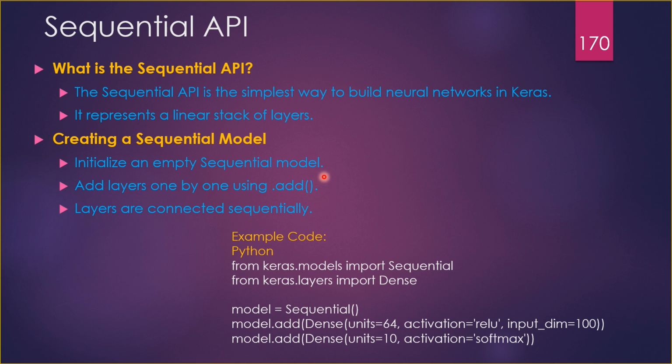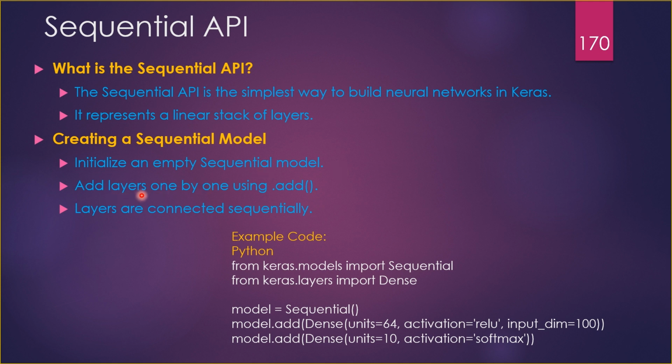Remember one thing, that Python is an object oriented programming language, just like Java. So when we want to work with it, we will do so by creating an object. Initializing an empty sequential model means creating an object having nothing in it.